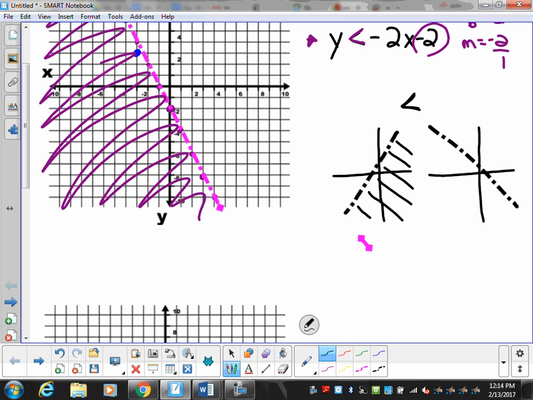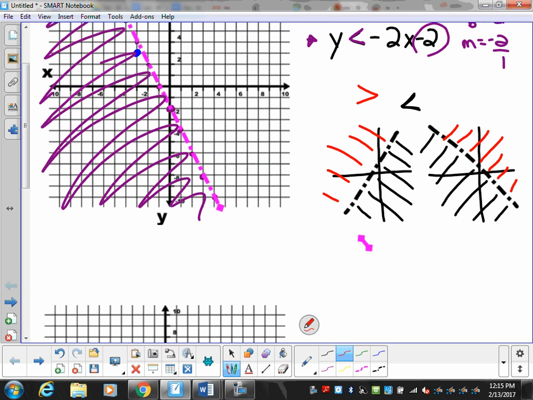If the line is slanted this direction, less than will be this direction. So if it's a less than symbol, this is the way you would shade. If it was greater than, you'd shade the other way. So greater than would go this way if the line slanted that direction, or this way if it's slanted that way. Maybe that'll help.